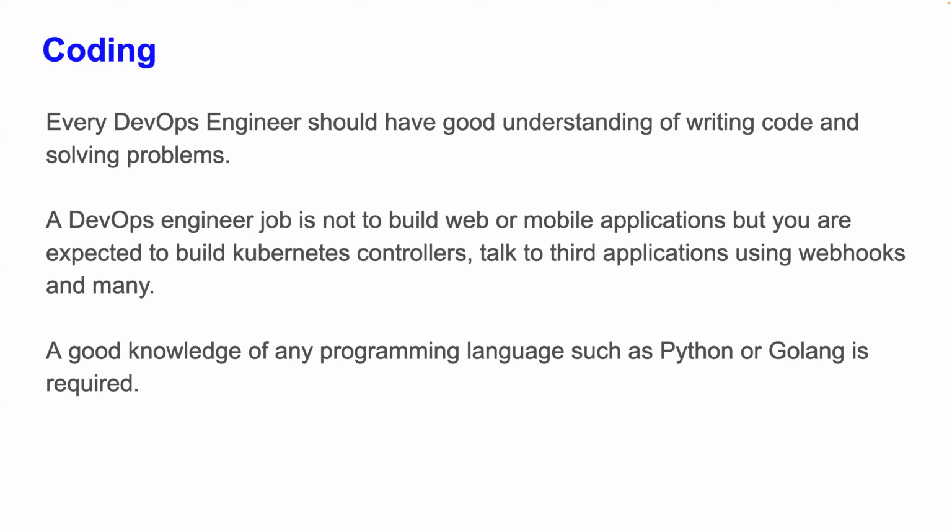A DevOps engineer should have a very good understanding of the code base, and should be able to write their own applications, because of third-party integrations, where your application is integrating with a third-party application, or if you want to build your own Kubernetes controller, deploying a controller on Kubernetes which does some action, whether it's load balancing or anything. So writing a Kubernetes controller, establishing third-party integrations, writing scripts. A DevOps engineer should have very good experience of coding.